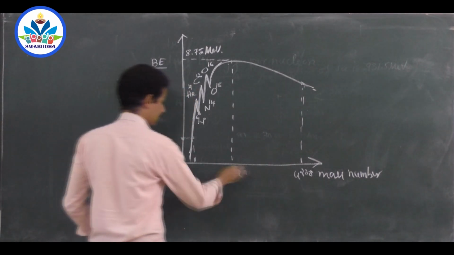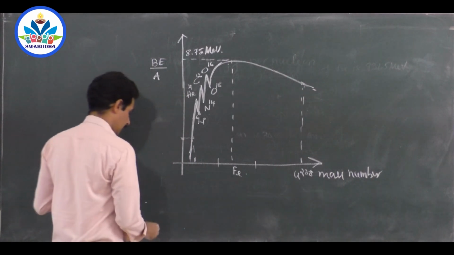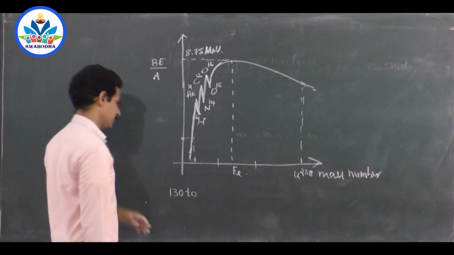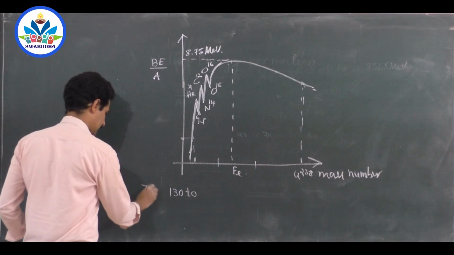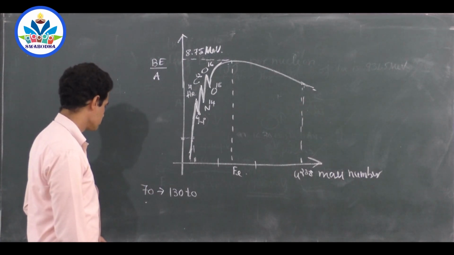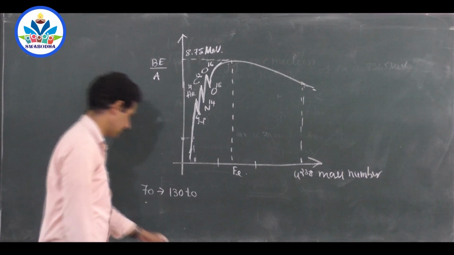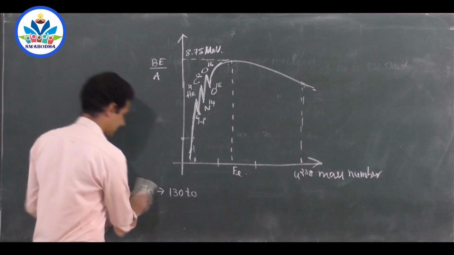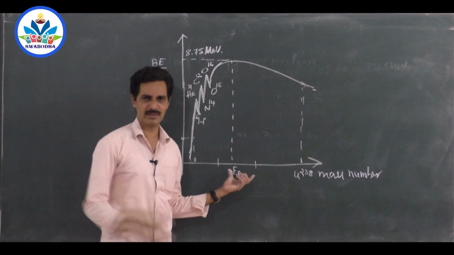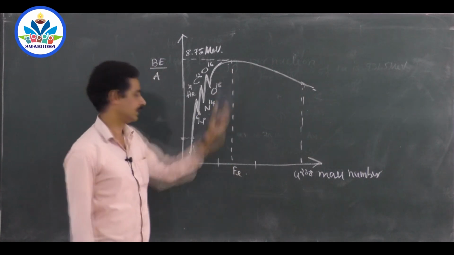And elements which come under a mass number of some 70 to 130, something like that. Exact number I don't remember. Elements having 30 to 170, and I will tell you the exact number in the next class. Elements having mass number from 30 to 170, 160 or 170, have high specific binding energy.